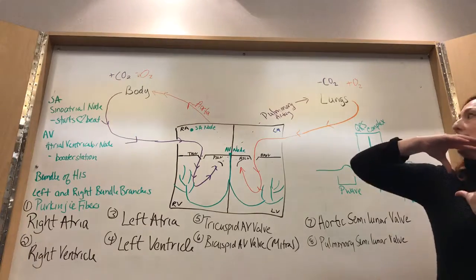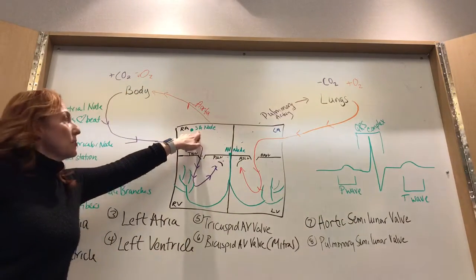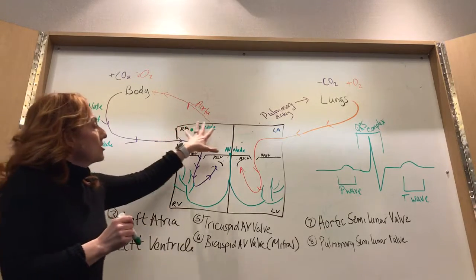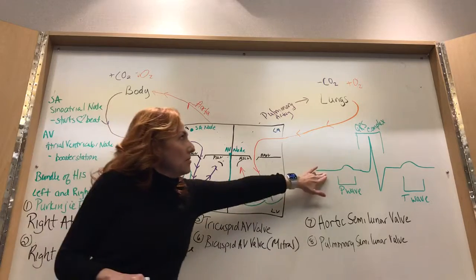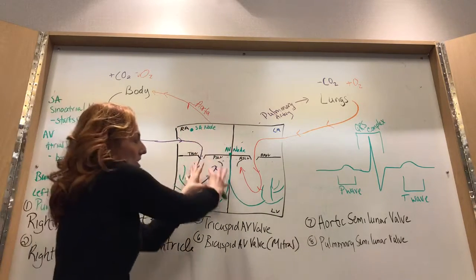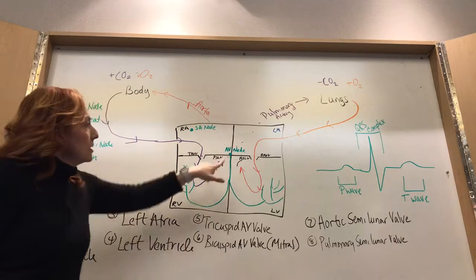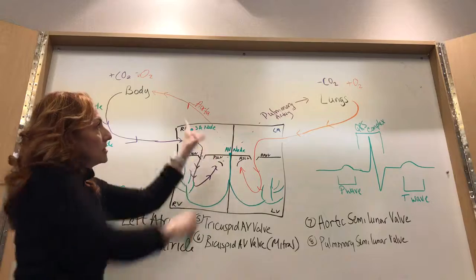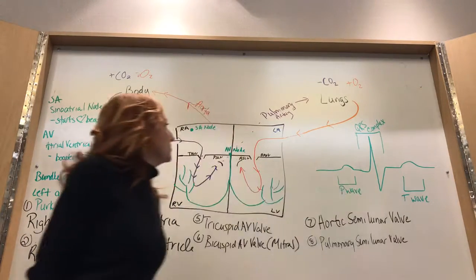P, QRS, T. The SA node initiates the heartbeat, sending electrical signal across the atria so the atria contract. P wave. QRS, that's the electrical activity coming around the heart here. So the ventricles squeeze, pushing the blood out the valves to the lungs and the body, and that's represented by QRS.